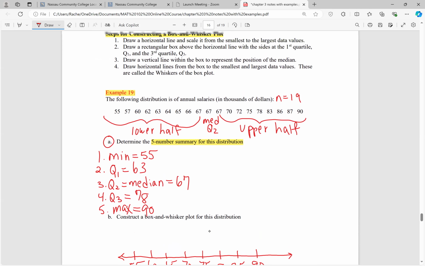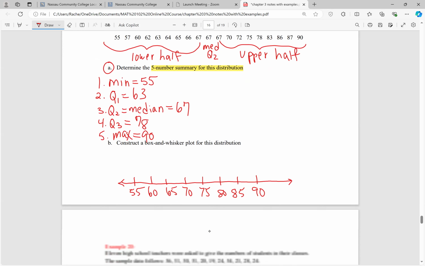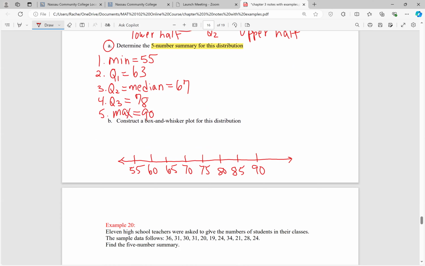So now I'm on step 2: draw a rectangular box above the horizontal line with the sides at the first quartile, Q1, and the third quartile, Q3. So Q1 is 63, which is between 60 and 65. So above this horizontal line, I'm going to draw a vertical line, which is going to be part of the box.